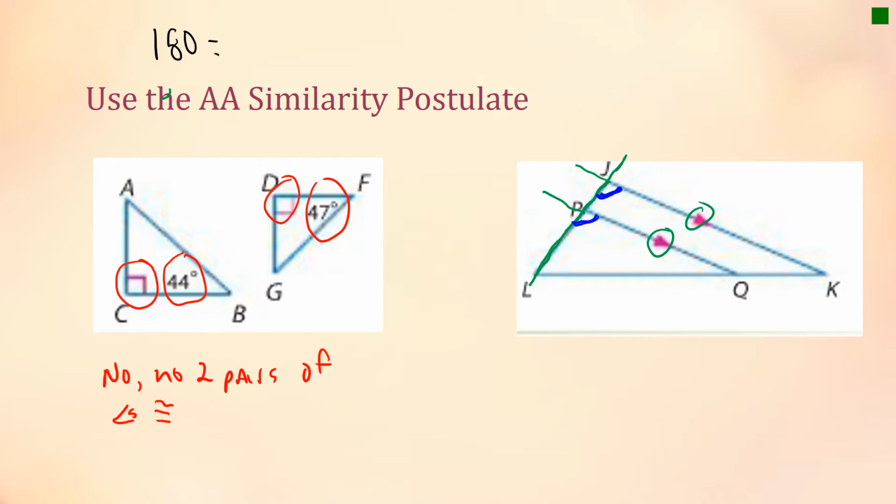Well, if we think back, those are alternate interior angles. So we know then that angle LJK is congruent to angle LPQ.